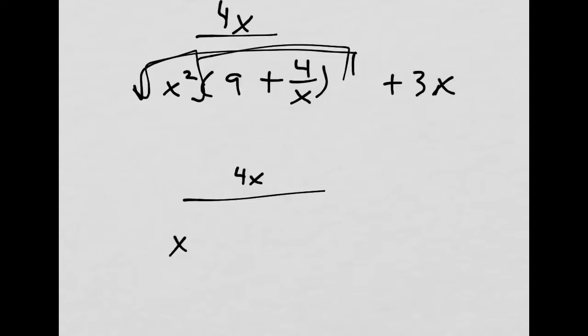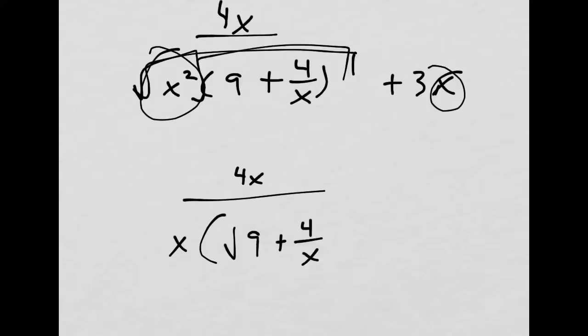I'll factor out that x from the whole thing, so I'm left with the square root of 9 plus 4 over x, plus 3. And then those x's cancel.